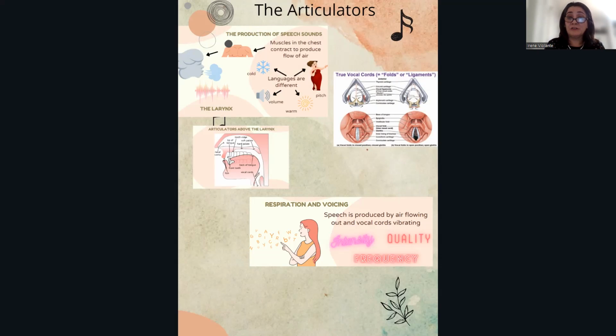It's important to understand and learn how sounds are produced and how respiration is a very vital part of producing sounds in any language. I think in this case, I related all of them to English because this is the master's degree in English teaching, and that's what I normally do. So it was a good review. I think it was very important, and I like the way you handled it.